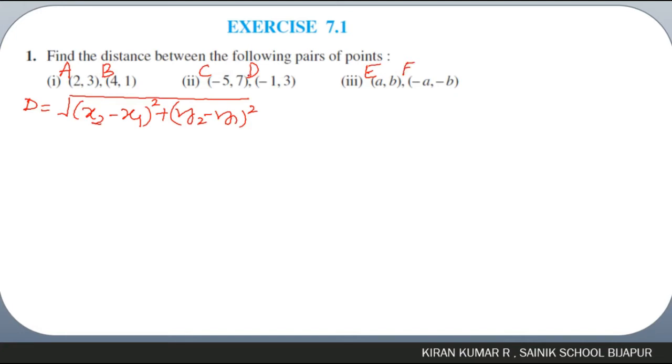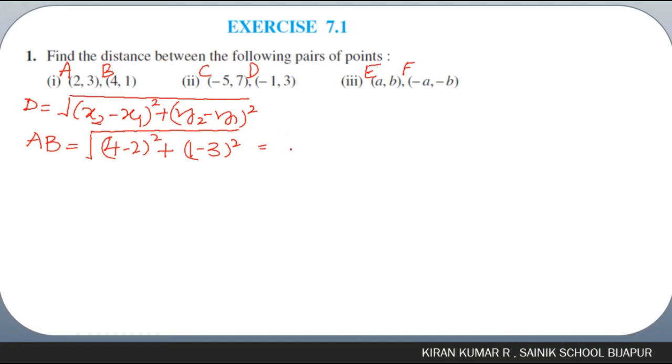Alright. Now I'll be finding the distance AB. The distance AB will be equal to under root (4 minus 2) whole square plus (1 minus 3) whole square. What is 4 minus 2?